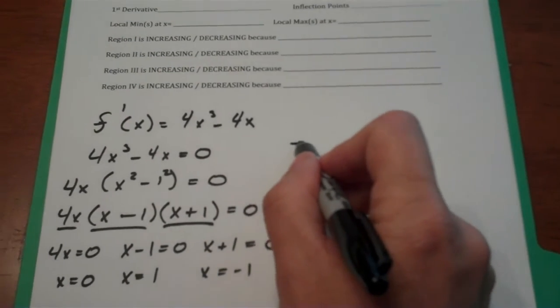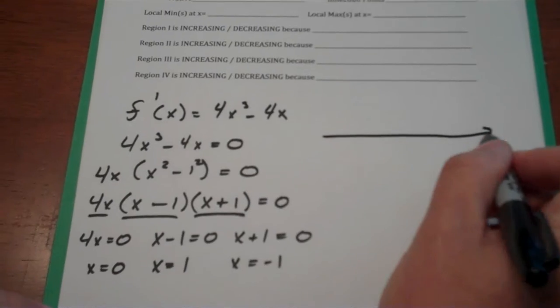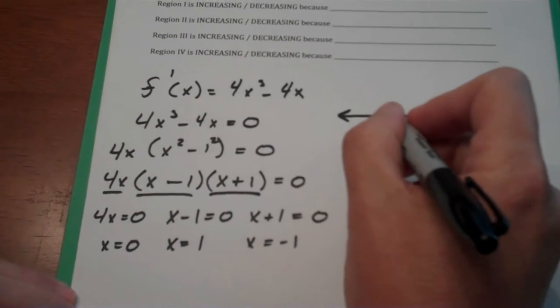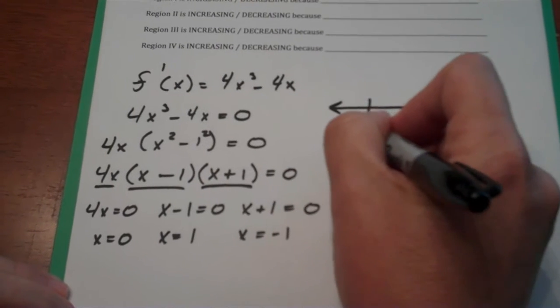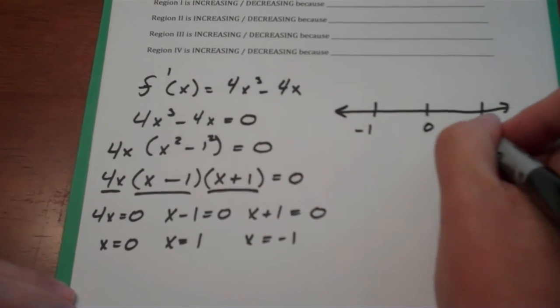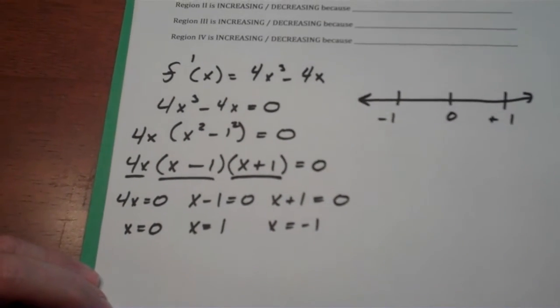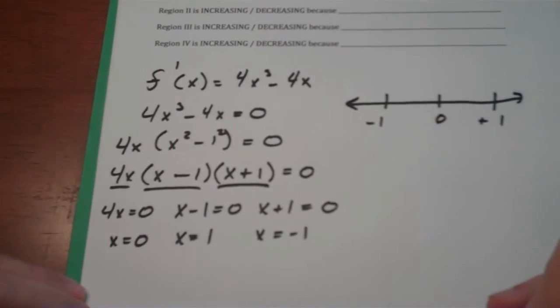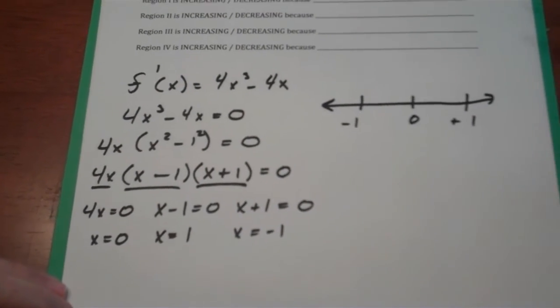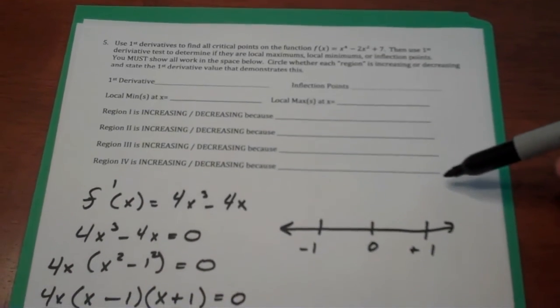In this case, I'm just going to draw a straight number line, basically representing the x-axis. And I've got a critical point here at -1. I've got something going on at 0. And I've got something going on at +1. And I basically have four regions now. 1, 2, 3, 4. On your test, you may or may not use all of these blanks.